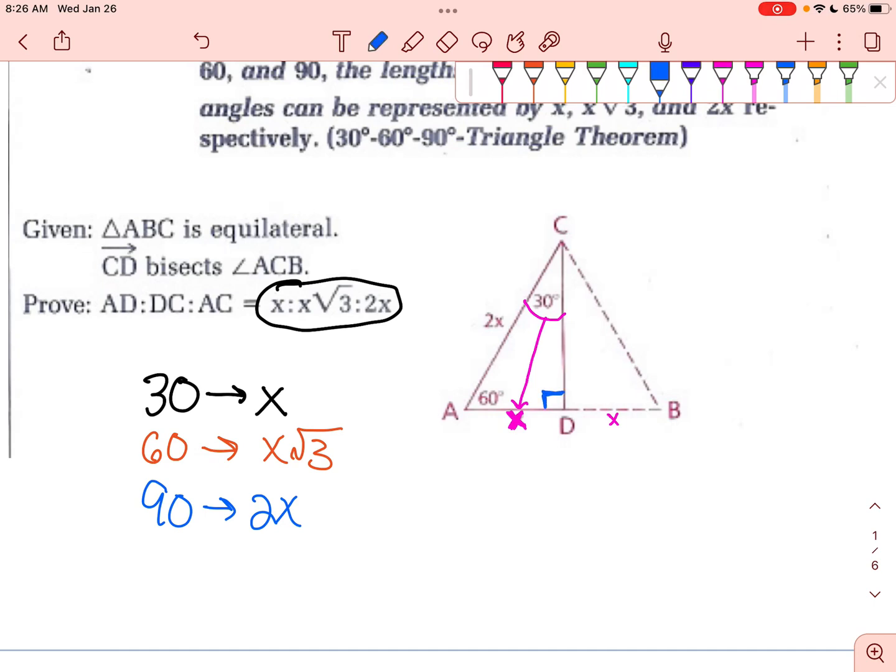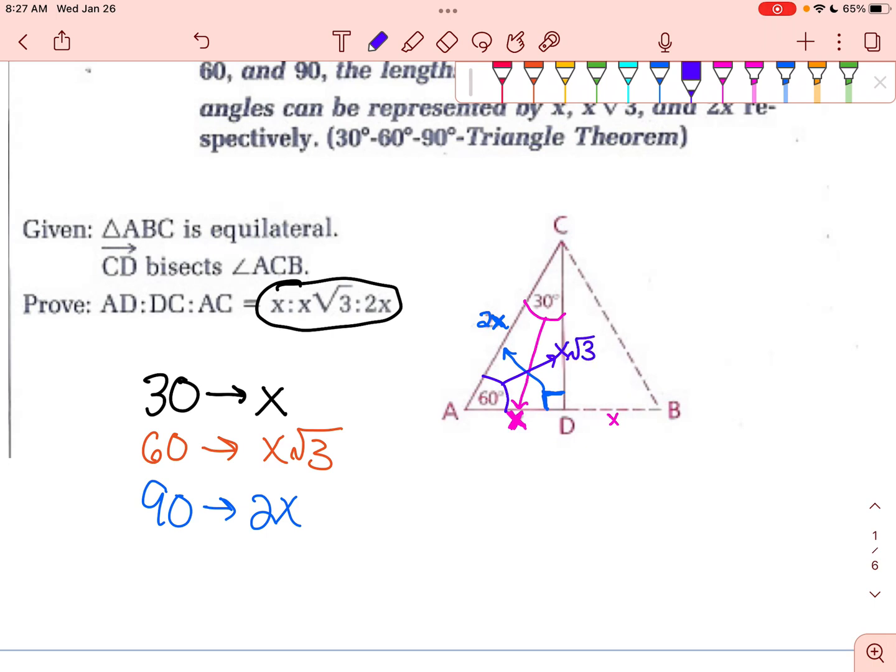Therefore, the side across from the 90 degrees represents the 2x. And of course, this makes sense: x is the smallest, 2x is the biggest. Then we have our crazy middle child. Across from this 60-degree angle is my x root 3 side.